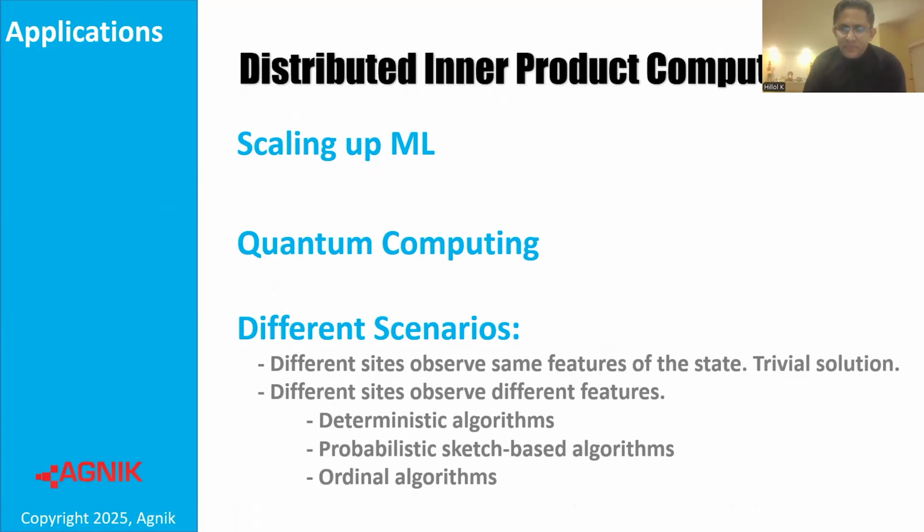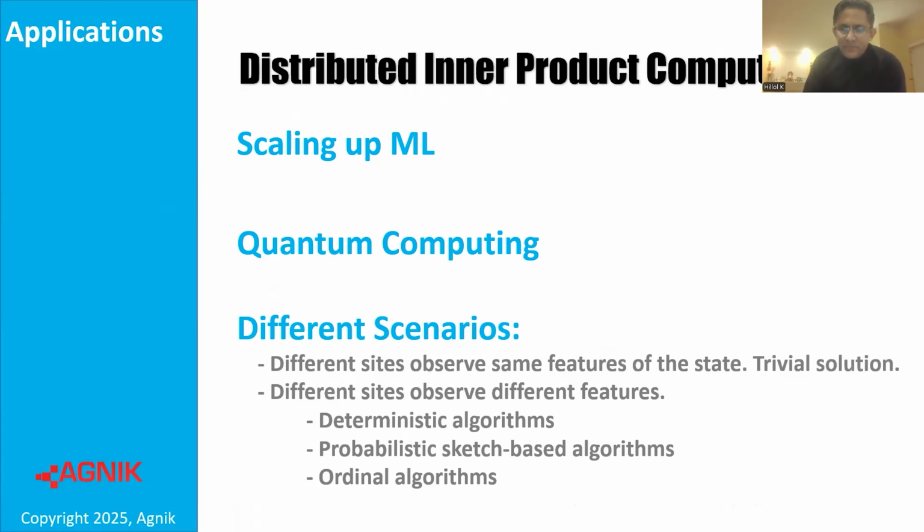For example, if site 1 observes feature x1 and site 2 observes feature x2, each of them column vectors, and you're trying to compute x1 dot x2, and you're not allowed to ship the data completely, because that defeats the whole purpose. You want a communication efficient way to compute that inner product.